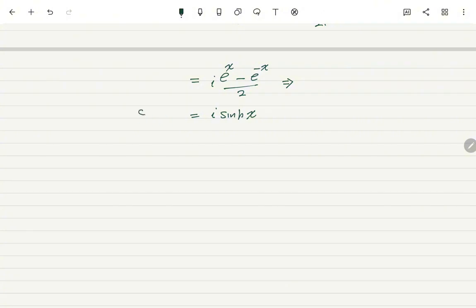Therefore, sine ix equals i sine hyperbolic x.